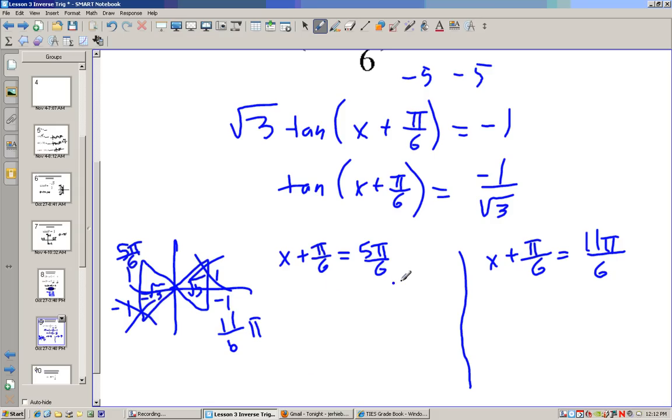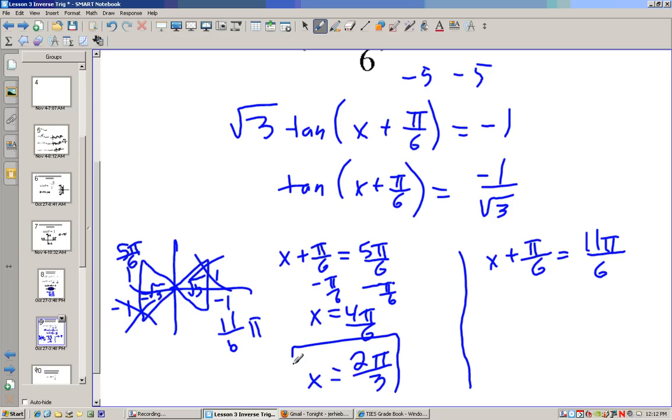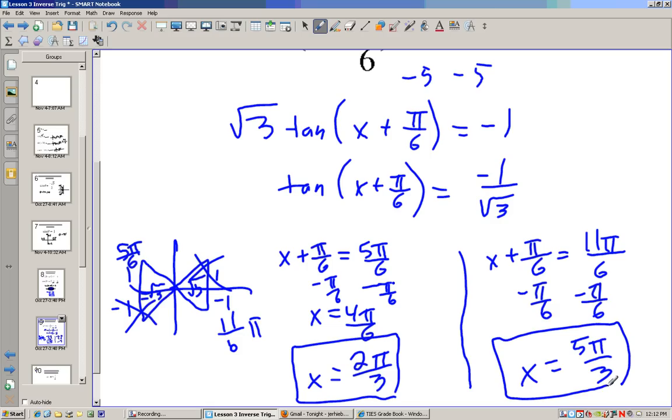Now what we do is subtract pi over 6 on both sides. 5 pi over 6 minus 1 pi over 6 is 4 pi over 6, which can be written as 2 pi over 3. And if I subtract pi over 6 over here, I'll get 10 pi over 6, which is 5 pi over 3. All right, so you have two answers for this problem.